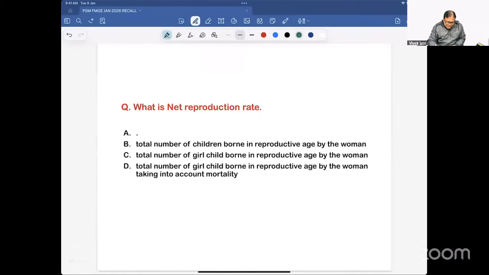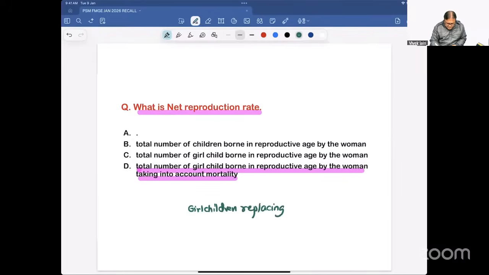Let's move further. There was a question on net reproduction rate, but students were getting confused by the language. See, in direct language: number of girl children produced minus mortality. Otherwise, you can say how many newborn girl children are replacing one woman who is dying.